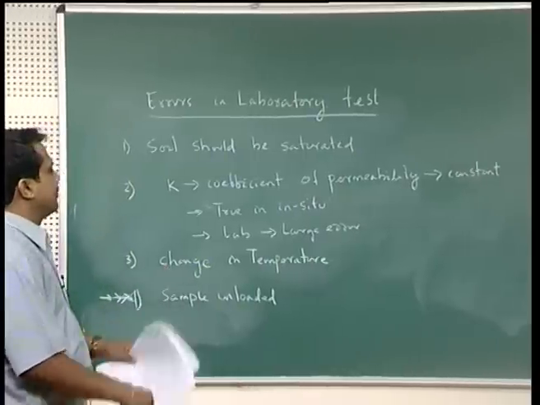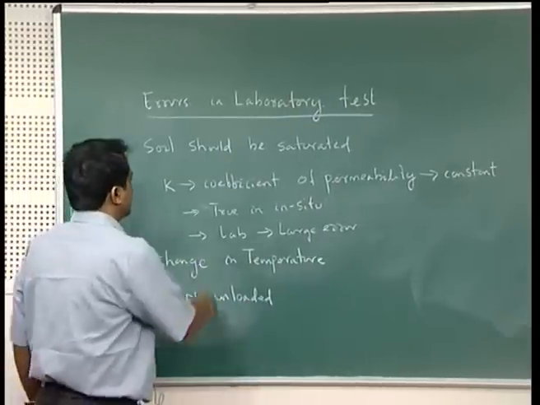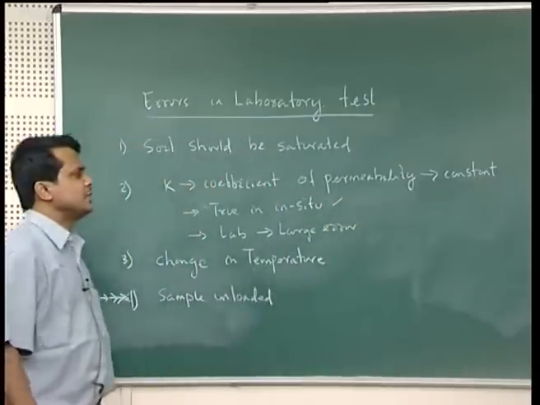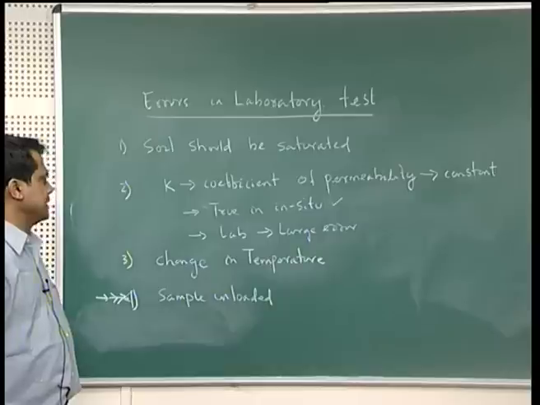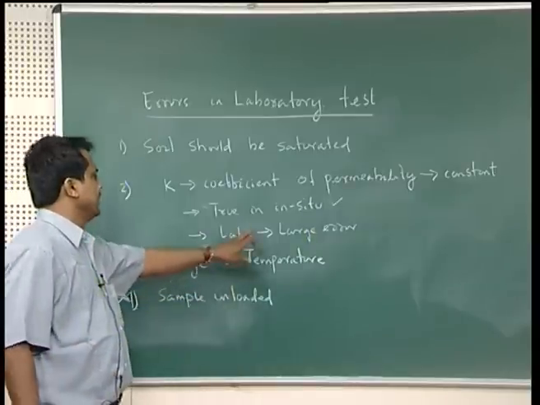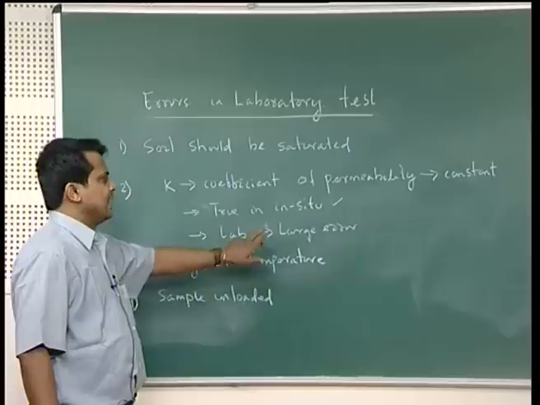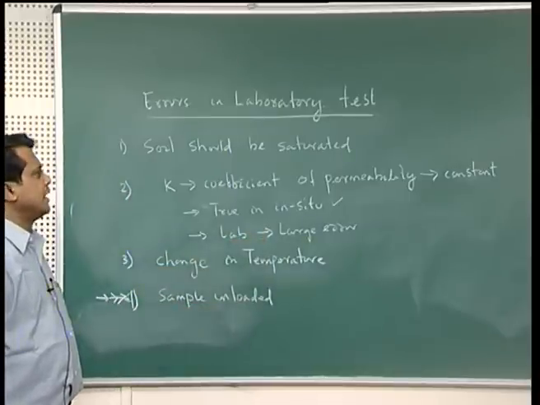Now the coefficient of permeability is not constant in the lab; it is constant only in in situ conditions, in the field, which is not true in the lab. That means large errors may be encountered in the laboratory.